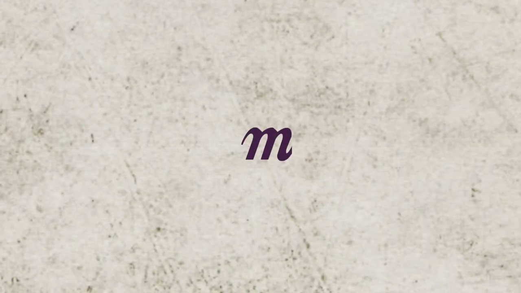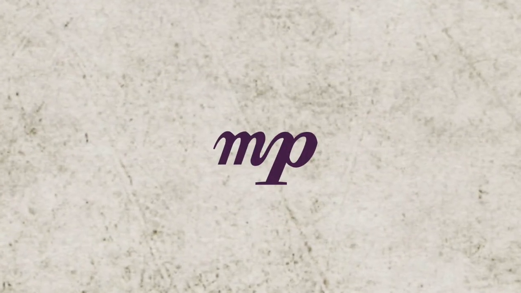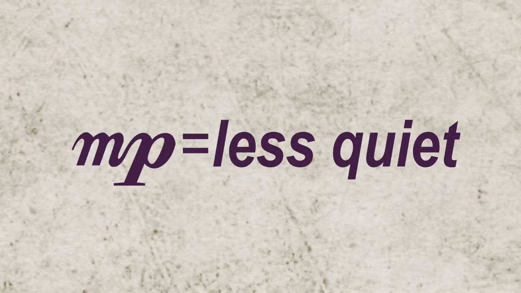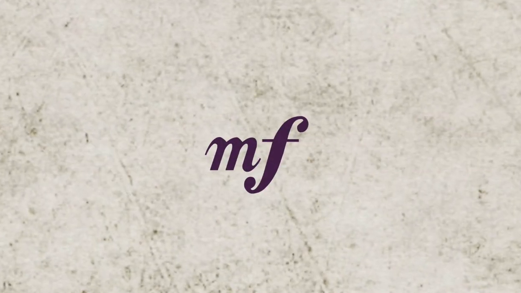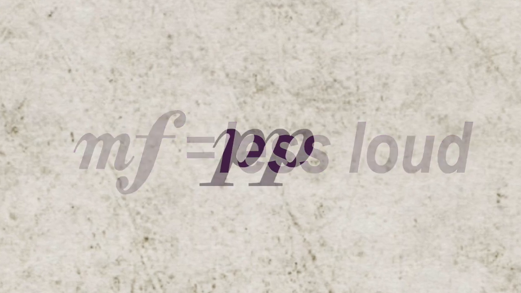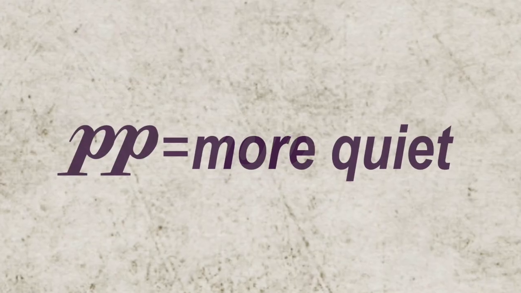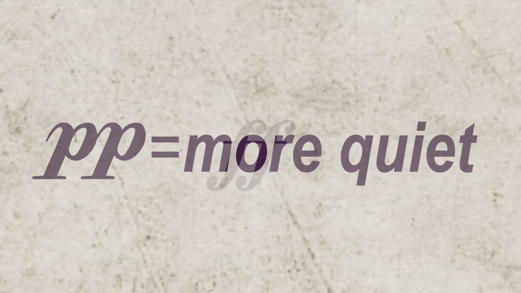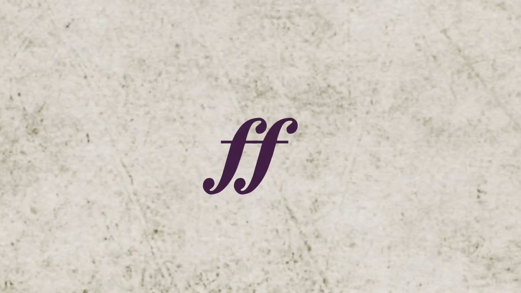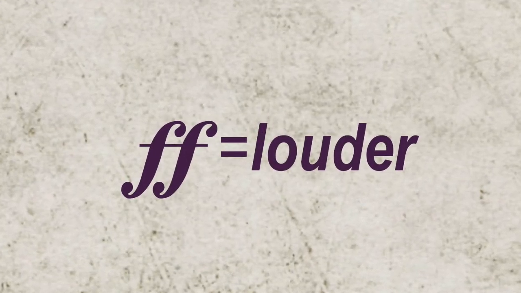Additionally, the letter M, that is initial for mezzo and means medium, is used before the letter P to indicate less quiet, or before the letter F to indicate less loud. Also, 2 or more consecutive Ps are used to indicate gradual steps of a more quiet volume, and 2 or more consecutive Fs are used to indicate gradual steps of a louder volume.